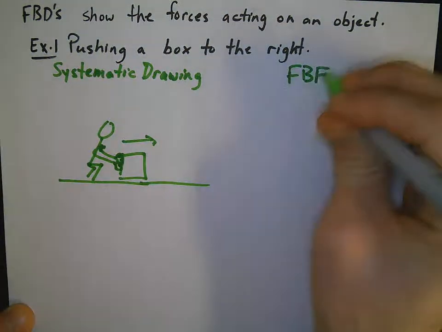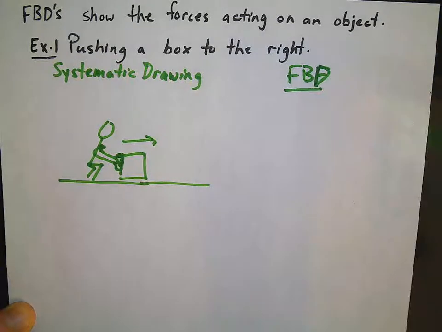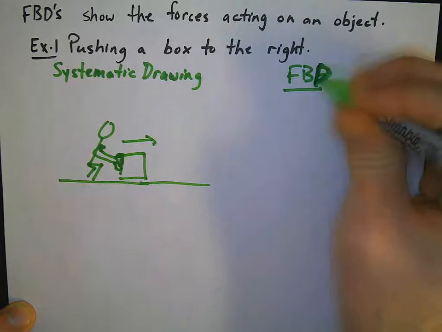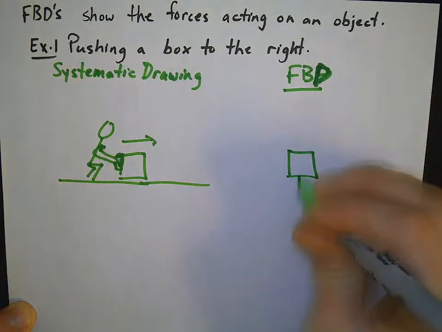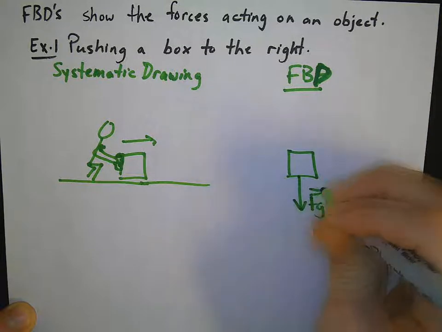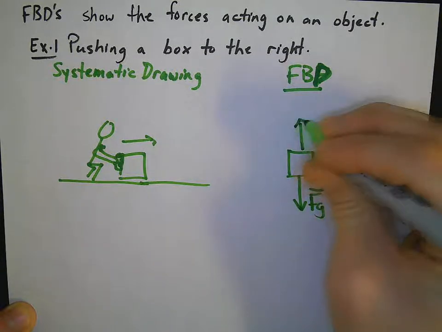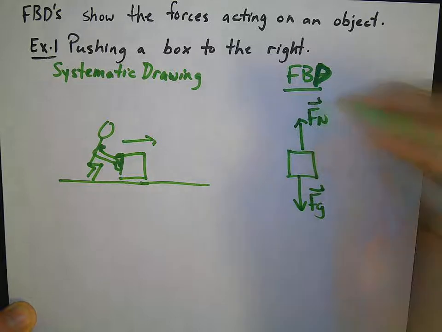If I think about the forces that are actually acting on this object, that's FBD, my apologies, free body diagram. We have my box, which still has the force of gravity acting on it. Equal but opposite is my normal force that's acting on the object.